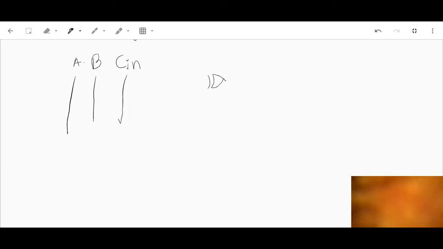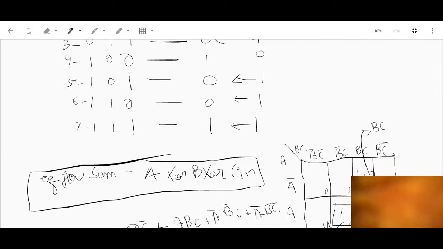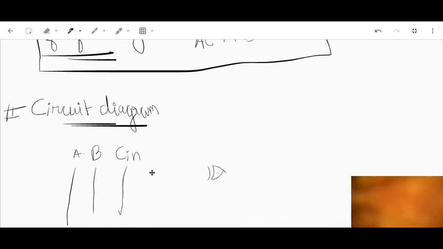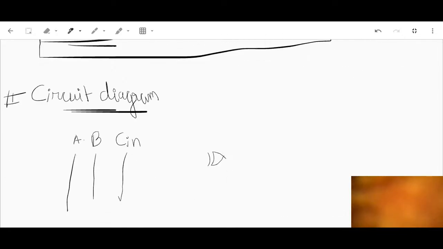So this will be one, and that will be connected like here A XOR B. So A, with the help of wire, we connect with the B. So this will be A XOR B. I'll make it clear. This will not be good.